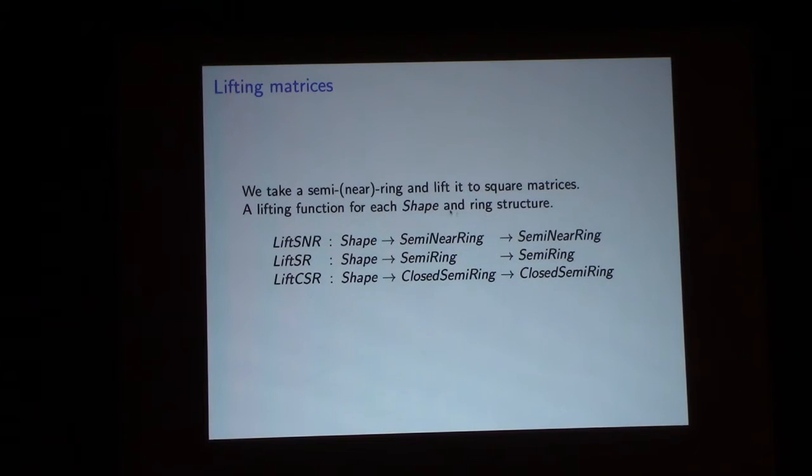We only do this for square things, so we only need to index over one shape when we lift it. This was the main amount of work: all the proofs regarding the matrix structure, that they actually satisfy all the laws of my semiring and closure.